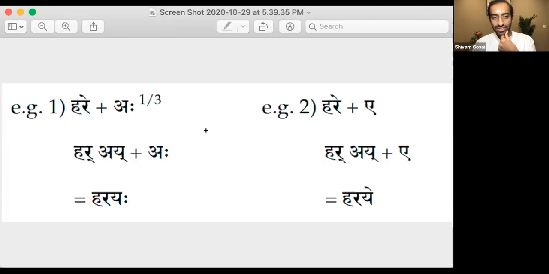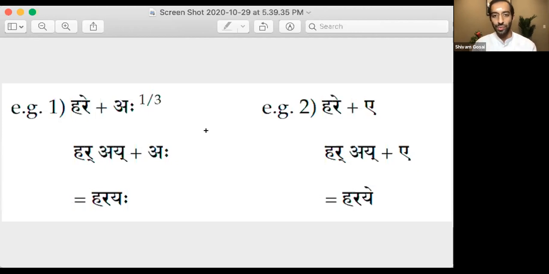A becomes I, so you get harai, and then aha. Aha is the suffix for 1-3. So hareyaha. And then hare plus A is the suffix for 4-1. So hari becomes hare, then hare plus A, then you get ayavayava sandhi and haraye.